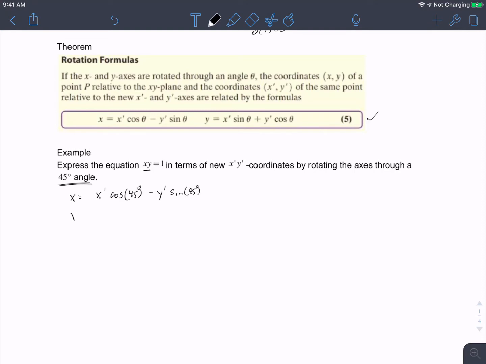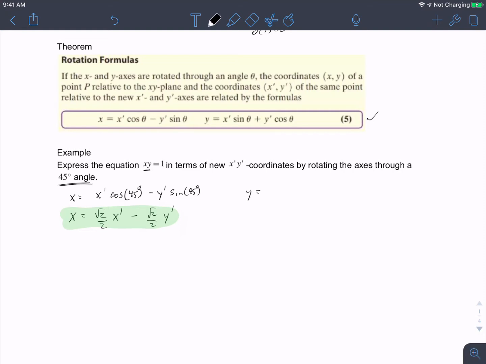That's x equal to the square root of 2 over 2 x prime minus the square root of 2 over 2 y prime. This is my x value, the substitution in terms of primes.